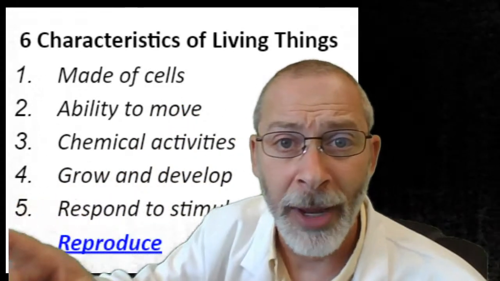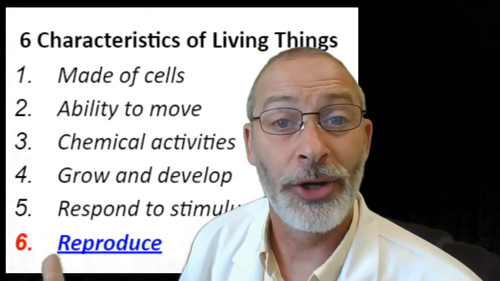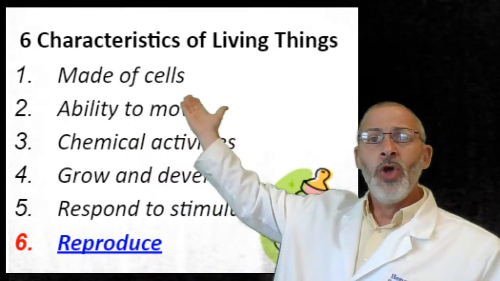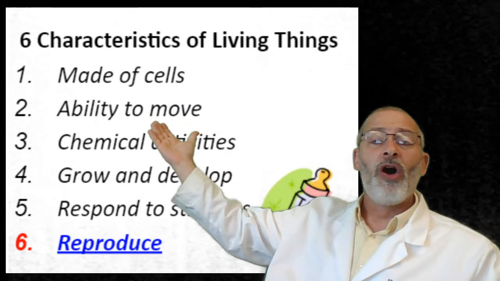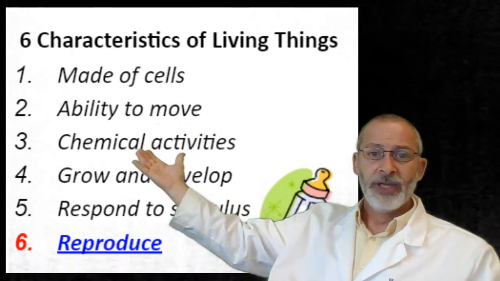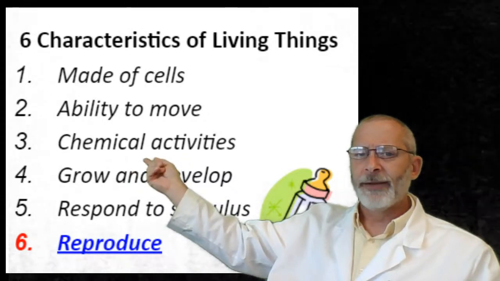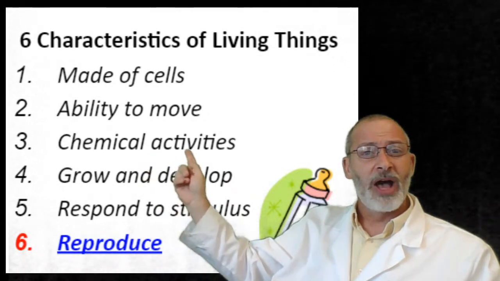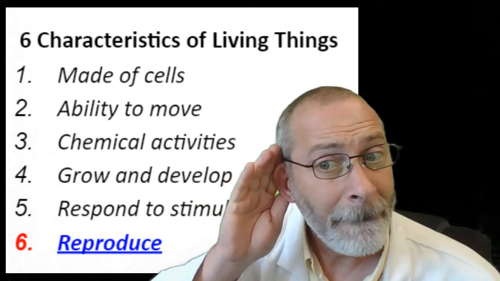All living things, and remember, these are the characteristics of living things on planet Earth as we are aware of them so far. All living things are made of cells. They all have the ability to move. They all undergo chemical activities. By the way, does anyone remember what one word can summarize all of those chemical activities?